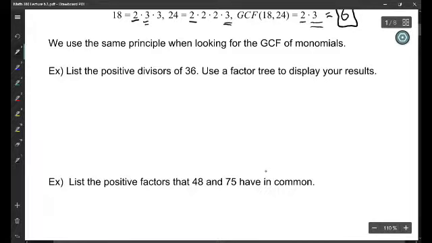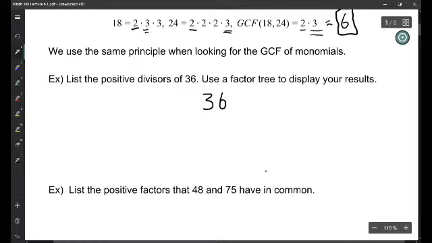Well, we can take the number 36 and note that it's even, so we know that we can divide it by 2, which we do in our heads, and we get 18. 18 is also even. We divide it by 2 and get 9.